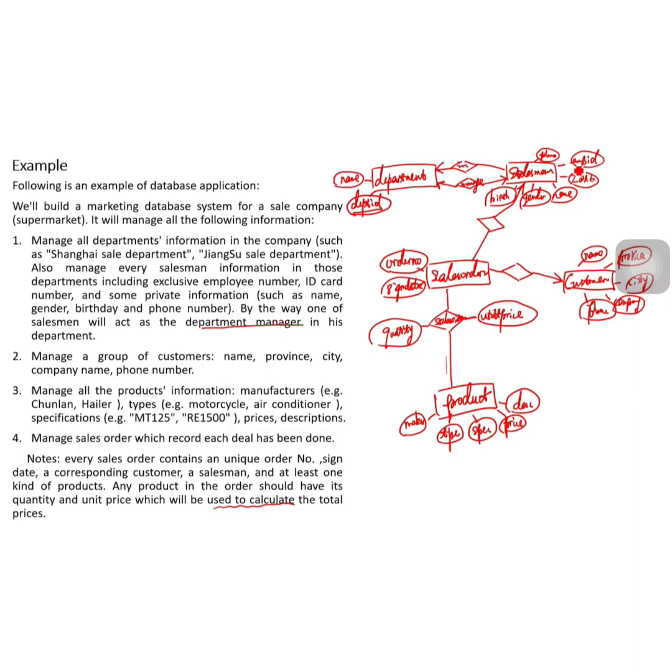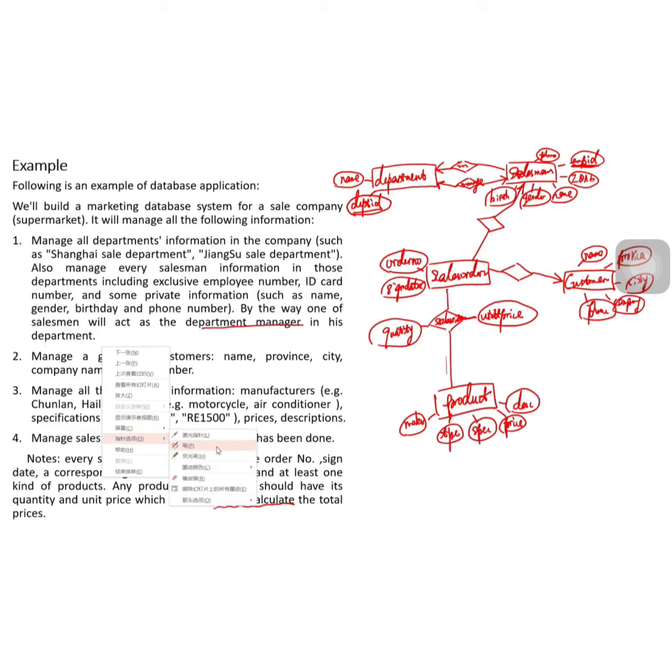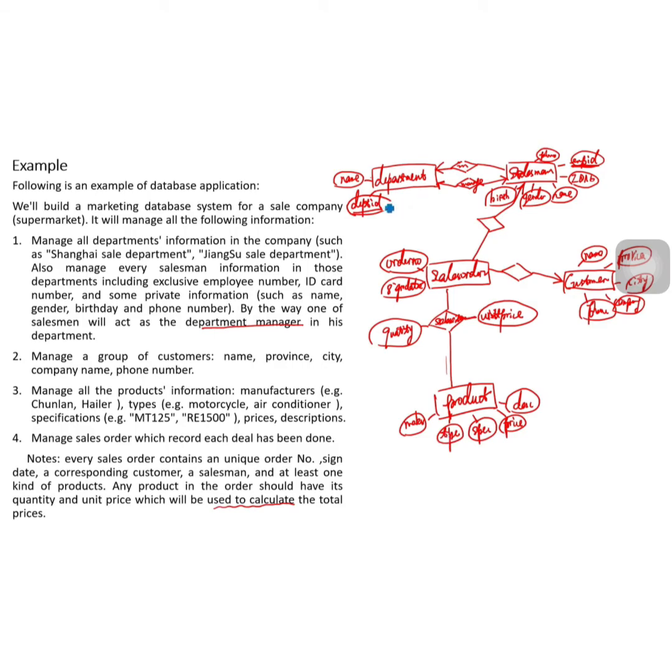Now salesman. We know employee ID is used to identify each employee, so employee ID is the primary key.